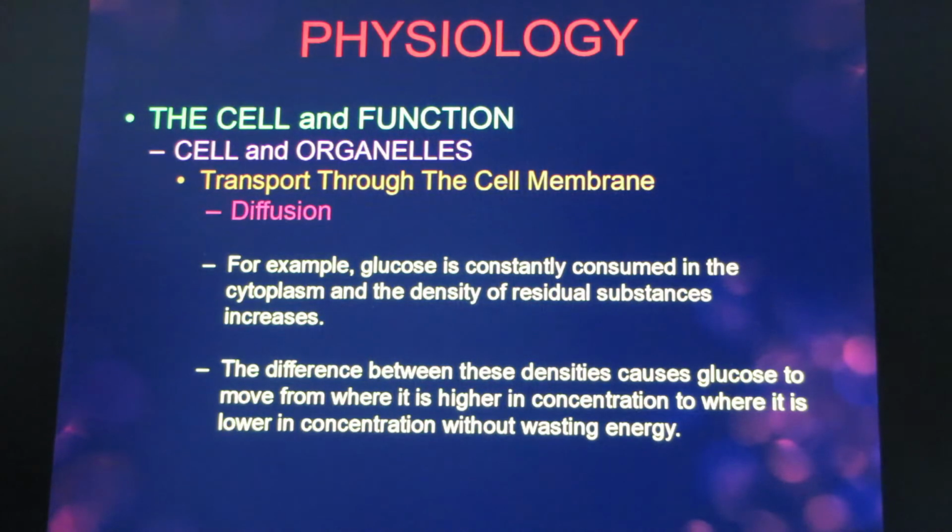What I mean here is that when glucose is constantly used within the cell, its concentration will get lower and lower, but glucose at the intercellular or extracellular space is higher than the concentration of glucose in the cytoplasm of the cell, because it's continuously being consumed in the cell.